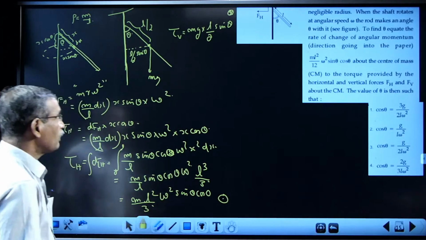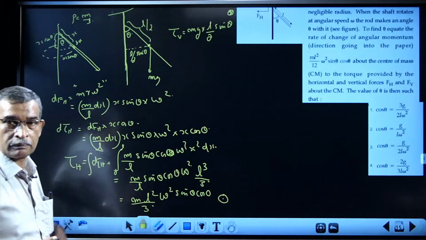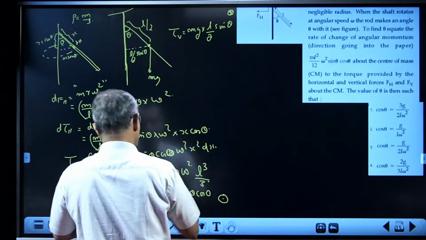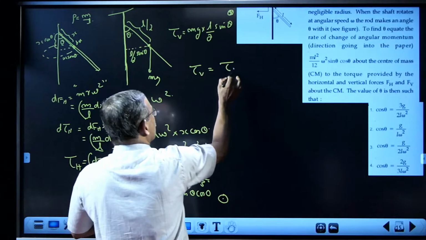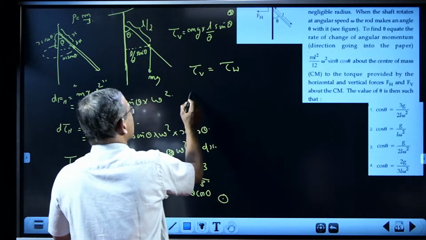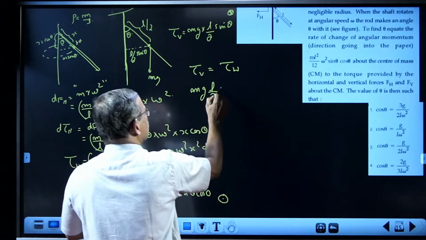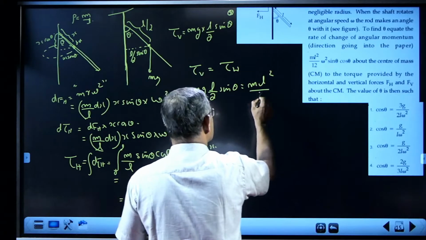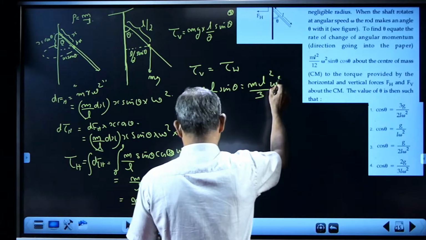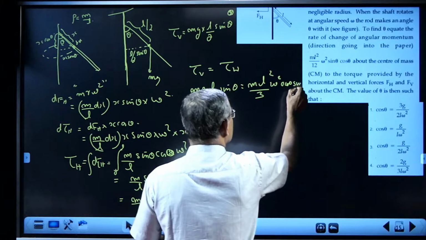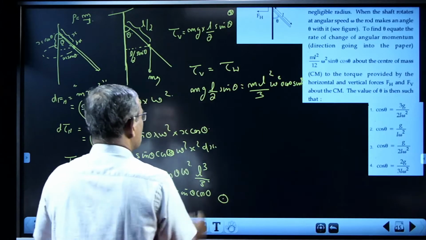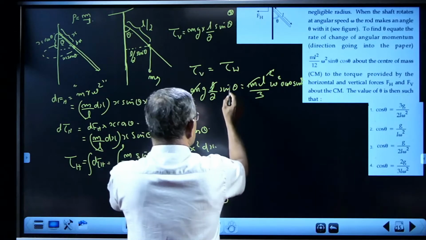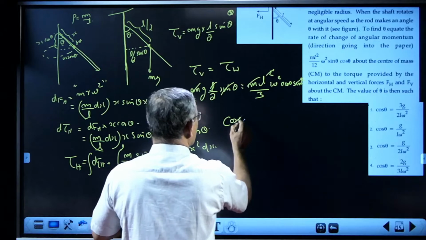For equilibrium, these two must be equal. Therefore torque vertical is equal to torque horizontal. So mg L by 2 sin theta equals m L squared by 3 omega squared cos theta sin theta. m will cancel out, one L will cancel out, sin theta will cancel out, and what we required is cos theta.